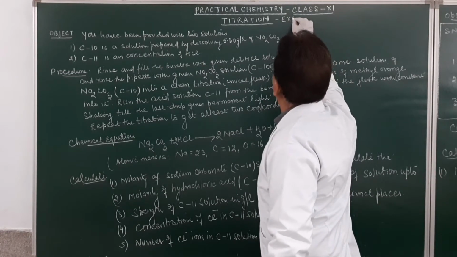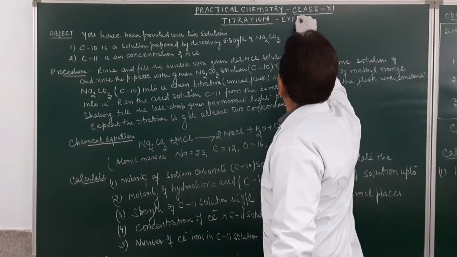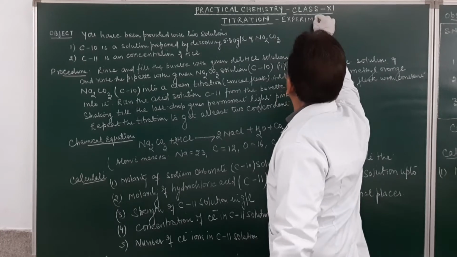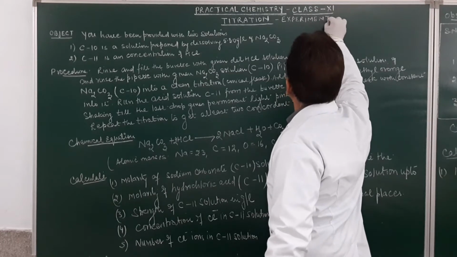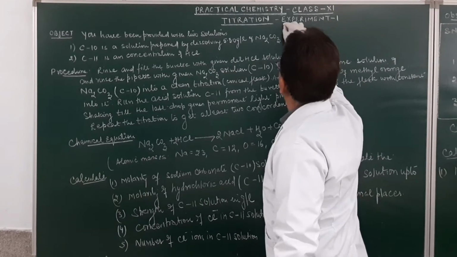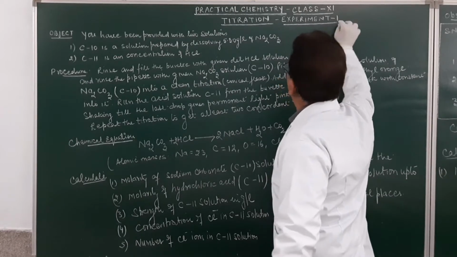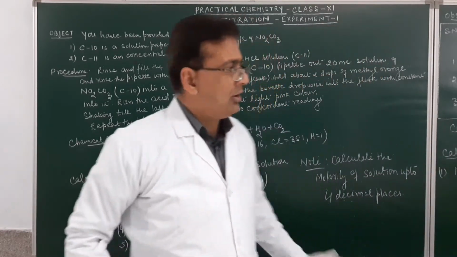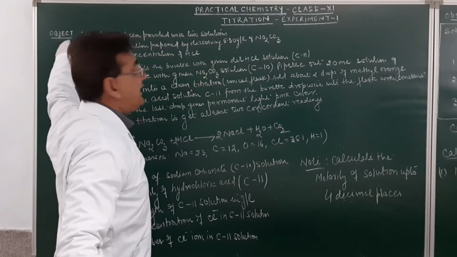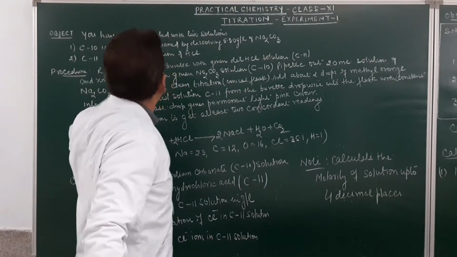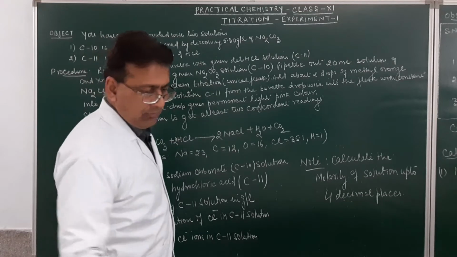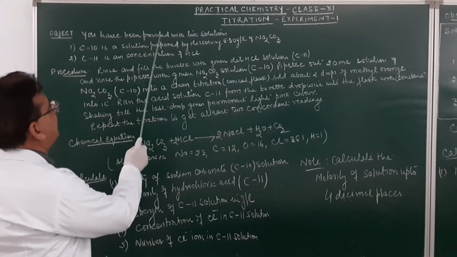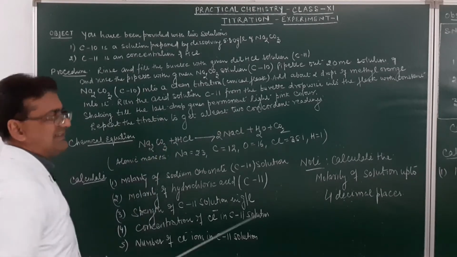So, this is experiment 1 and this is acid alkali titrations. What is being given to you? The object or aim of the practical. You have been provided with 2 solutions.